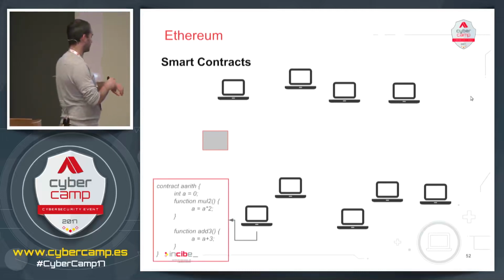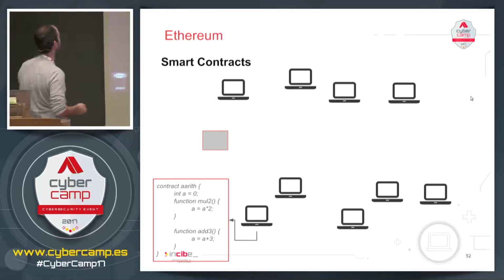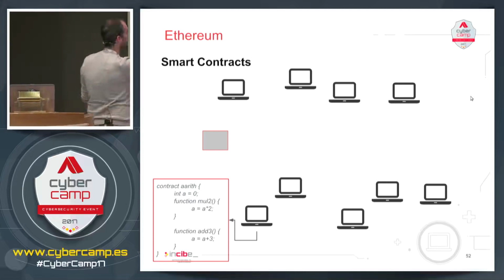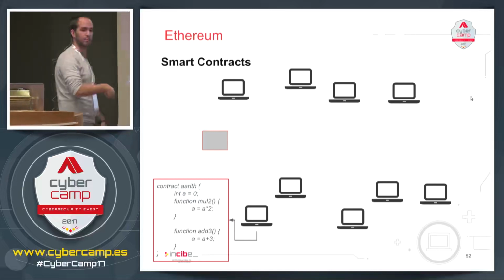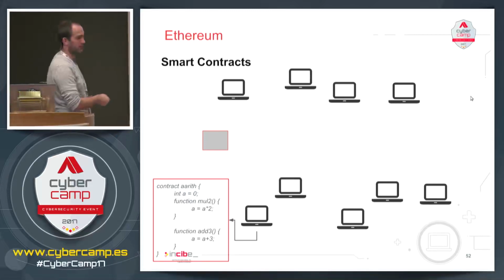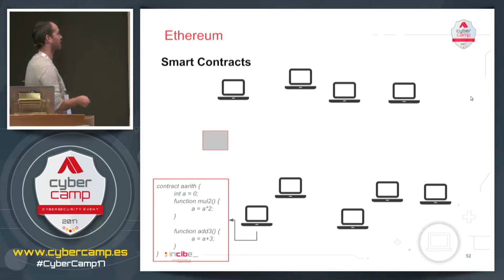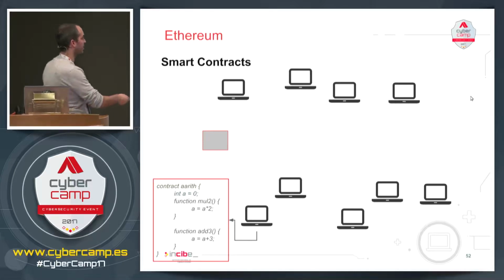Here we see how the smart contract is executed. We have our nodes that are part of the blockchain, and the smart contract called arithmetic, where the value A is multiplied by 2 and we add 3. A is 0. This node is deploying this.